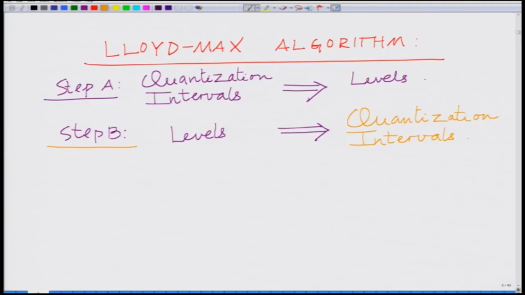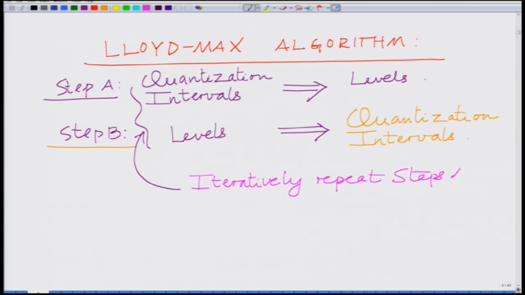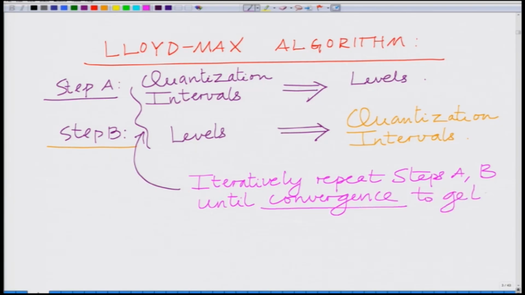So, the algorithm will iteratively repeat steps A and B until convergence, to get the optimal quantizer.